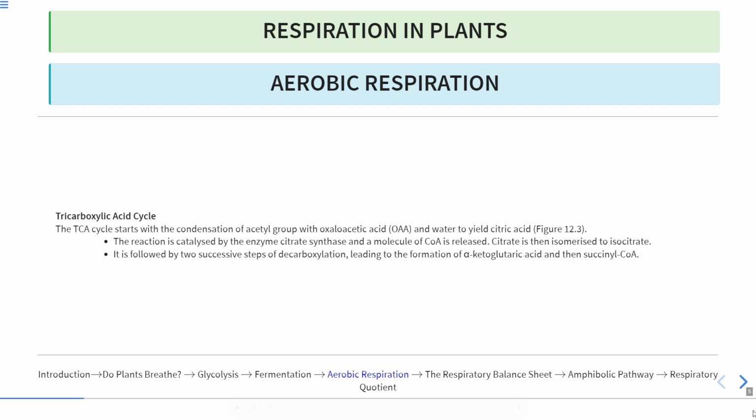Citric acid is the first compound that is stable in this particular reaction. Citrate, or citric acid, is formed here in the presence of citrate synthase, the enzyme required for combining oxaloacetic acid with acetyl coenzyme A. The reaction is catalyzed by citrate synthase.